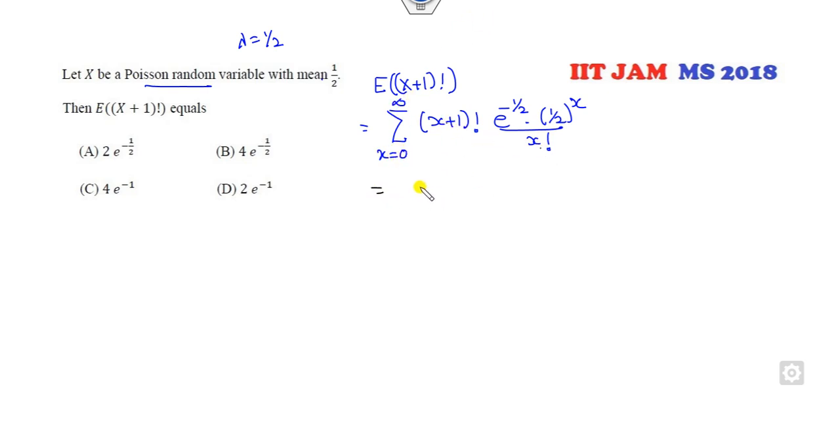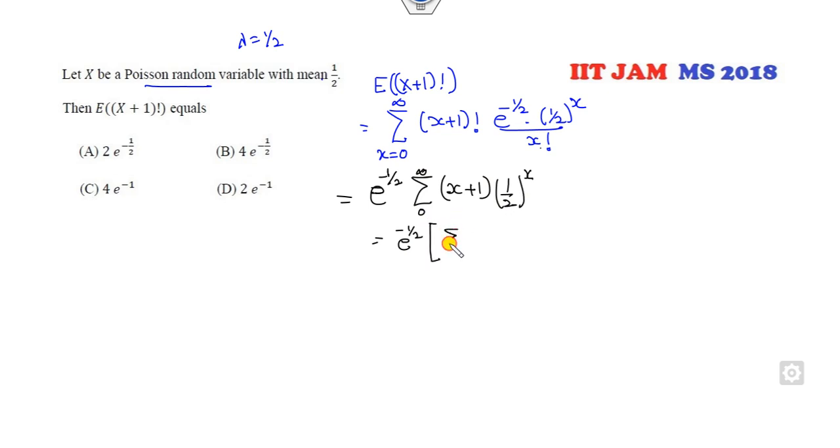So x plus 1 factorial, I can cancel it, and it will be only x plus 1. E raised to power minus half I can take outside, and the sum will be half to the power x, from 0 to infinity. So now I think it's over.